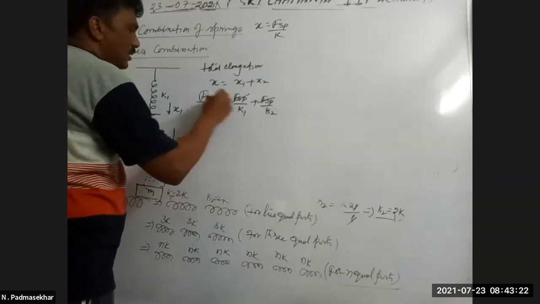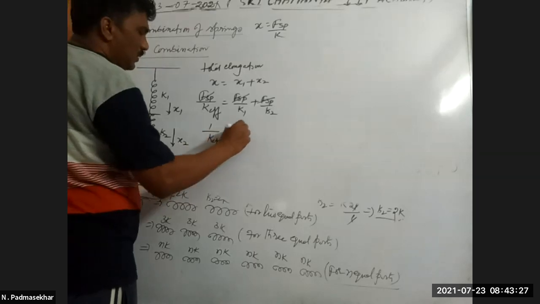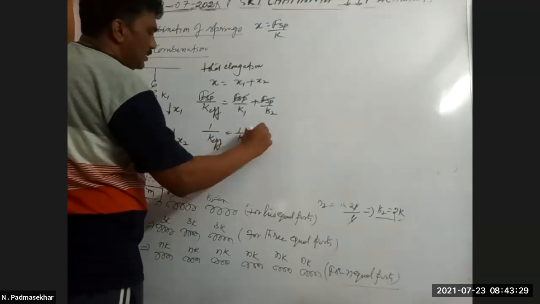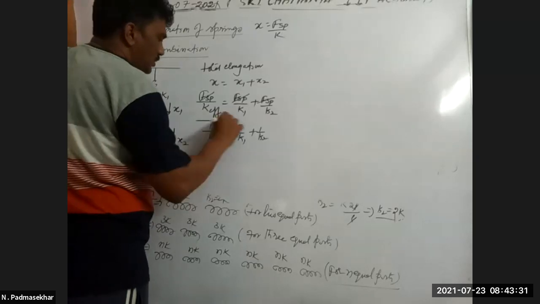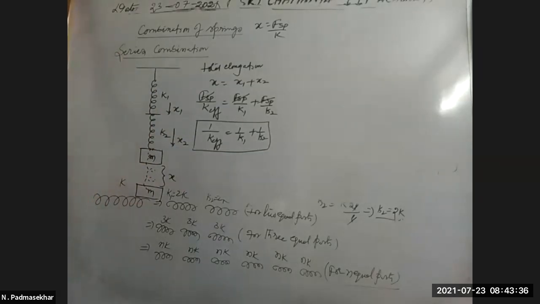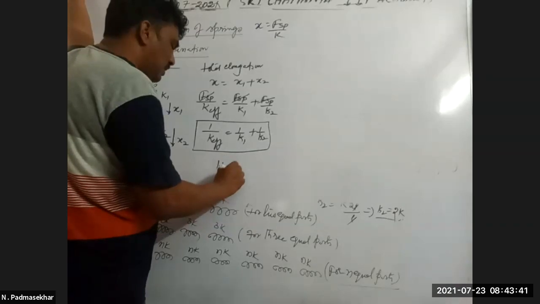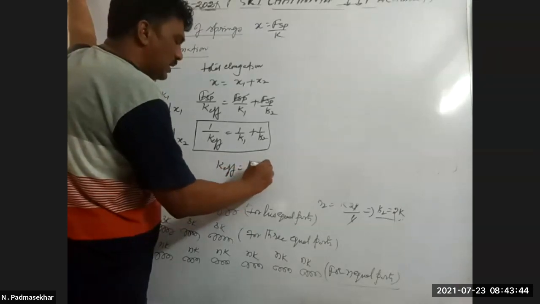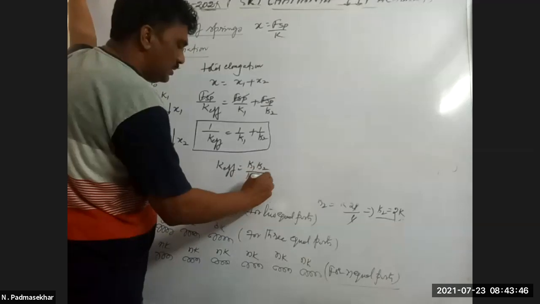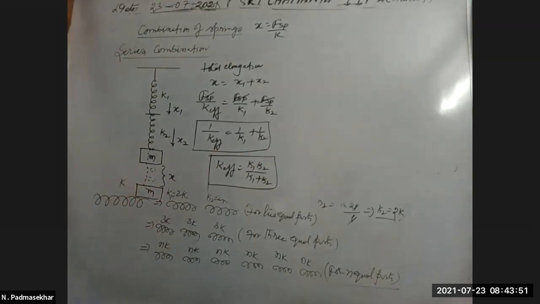So these are cancelled. Now 1 by K effective is equal to 1 by K1 plus 1 by K2. So this is the effective spring constant when the two springs are connected in series. Taking the LCM, K effective is equal to K1 K2 by K1 plus K2. This is in the series combination.